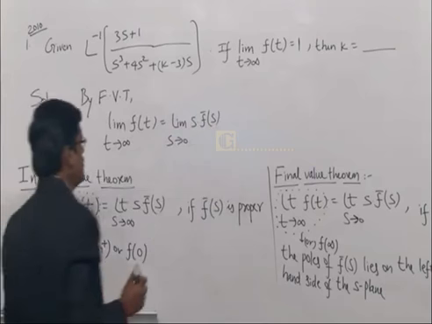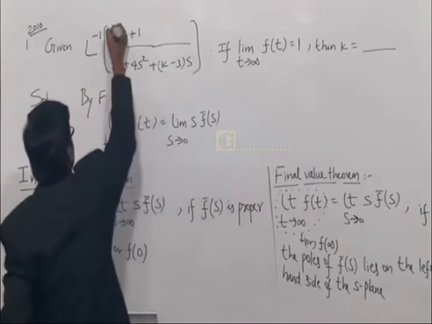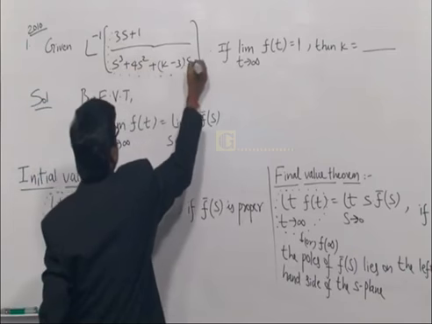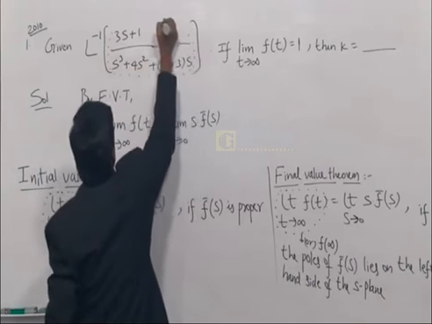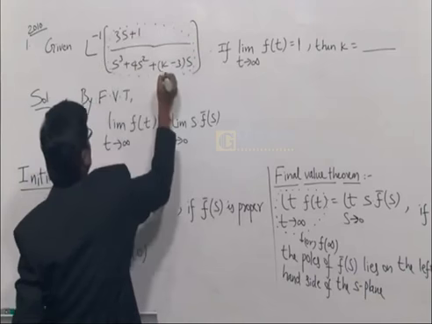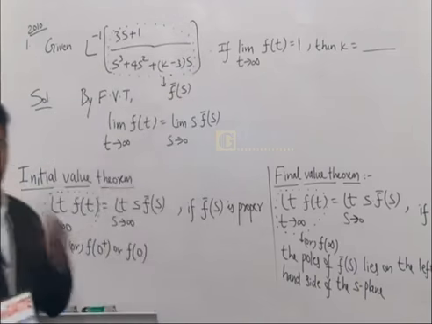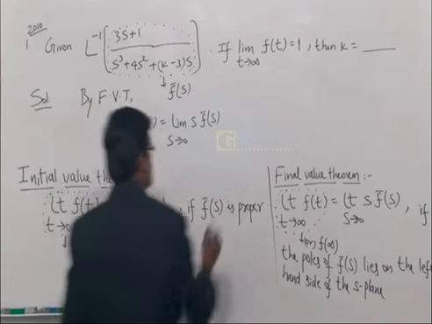So what is f bar s? The given expression, which is pre-operated by L inverse, is nothing but f bar s, that is the Laplace transform of some function f of t. This I can denote by f bar of s.